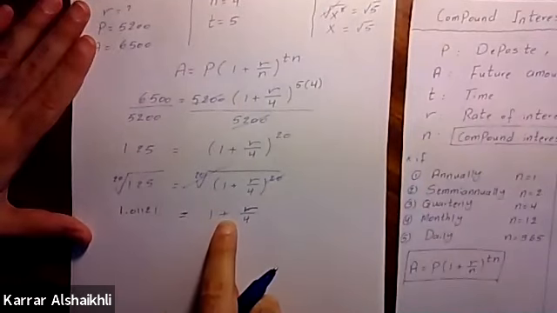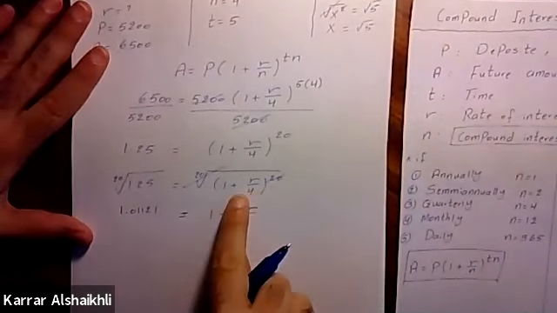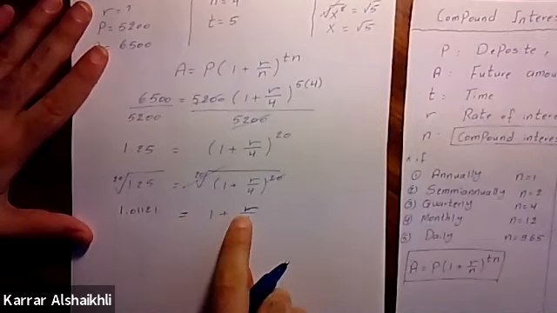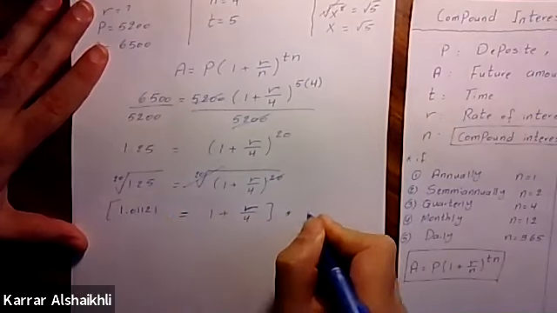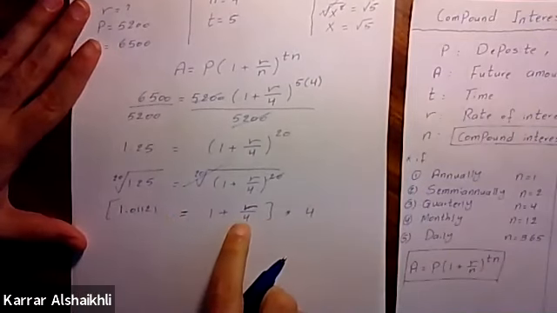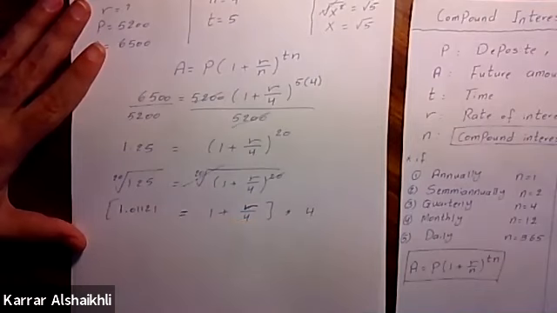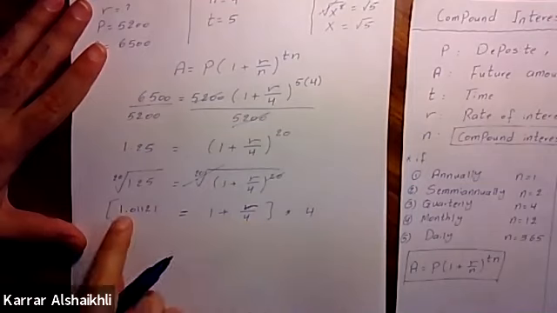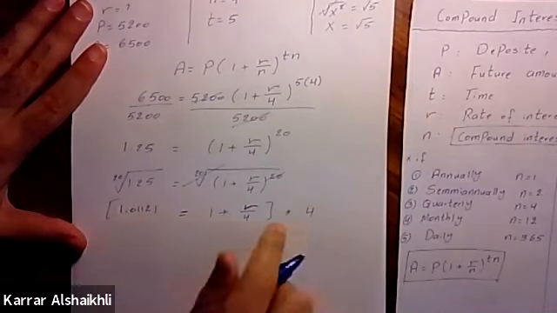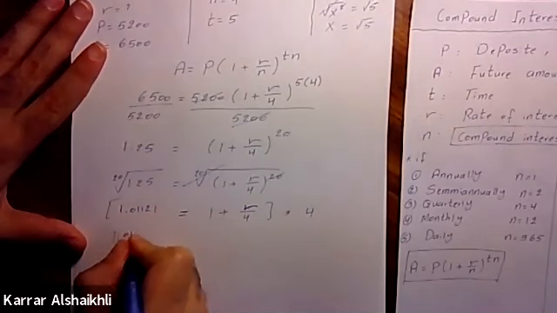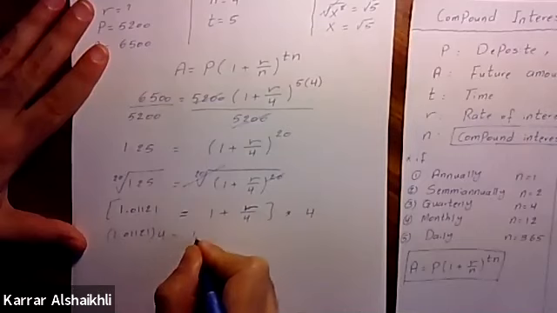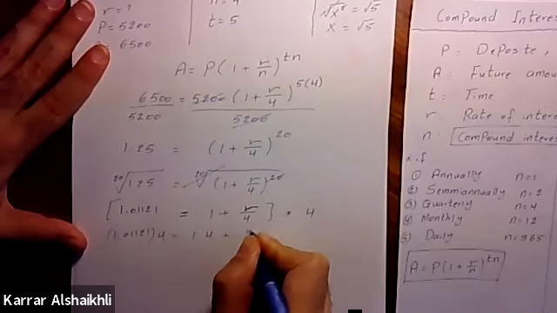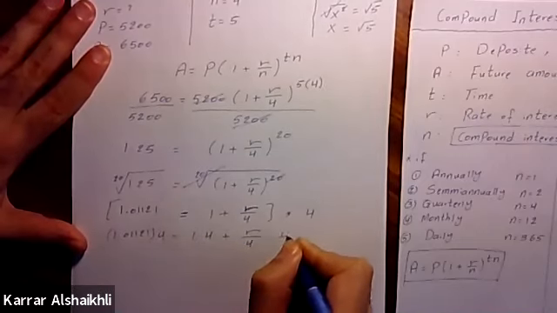Now this is a linear equation with a rational part. How do we find the solution? We multiply everything by 4, because the fraction is the problem here. So 1.01121 times 4 equals 1 times 4 plus r over 4 times 4.